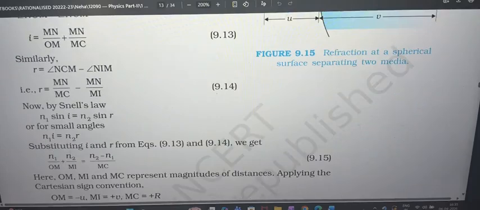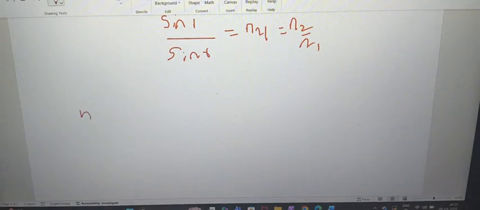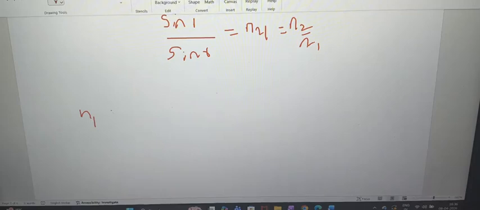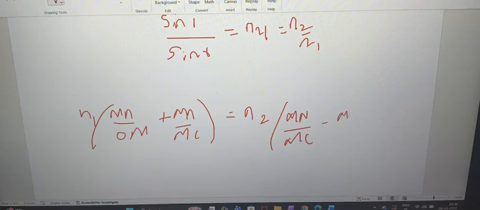So n1 I is equal to n2 R. After writing the values for I and R, n1 into angle I, which we got after taking the tan values, as MN divided by OM plus MN divided by MC, is equal to n2 R, which after calculating we got as MN divided by MC minus MN divided by MI.